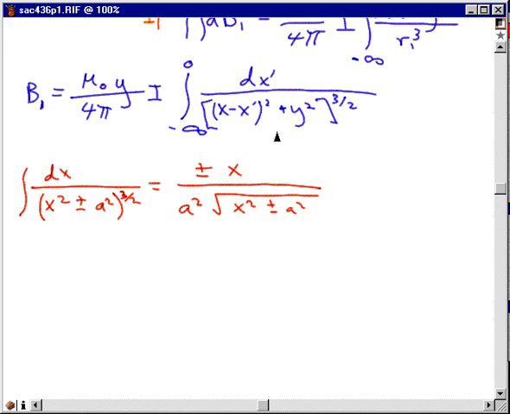So you look at it, we've got a similar thing. This is saying we're integrating over x. We get the variable x in the denominator and a constant squared, and it's all raised to the 3/2. And we get something very similar.